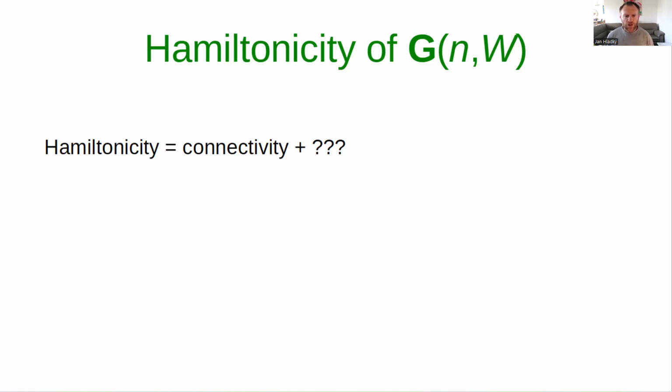So our main question is, does this equivalence hold in the inhomogeneous setting? Or does Hamiltonicity in G(n,W) require additional conditions, additional to those we had in the previous theorem for connectivity?